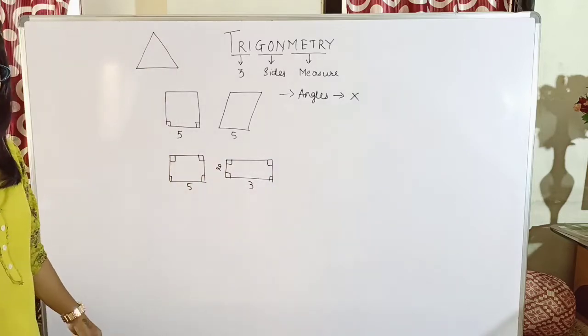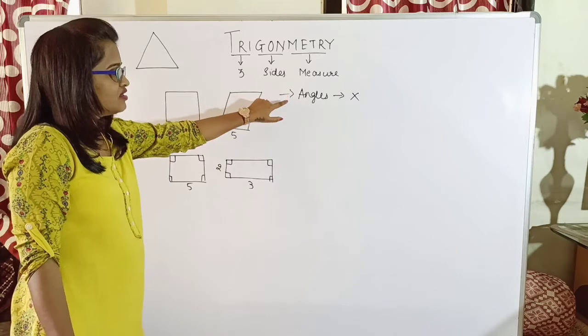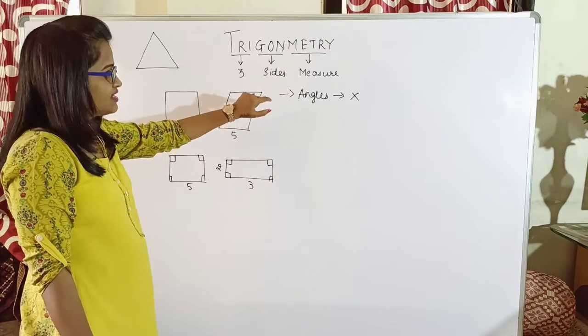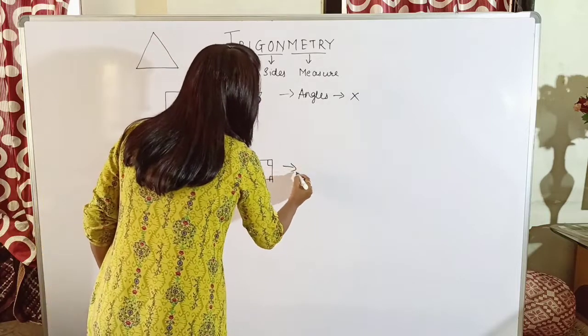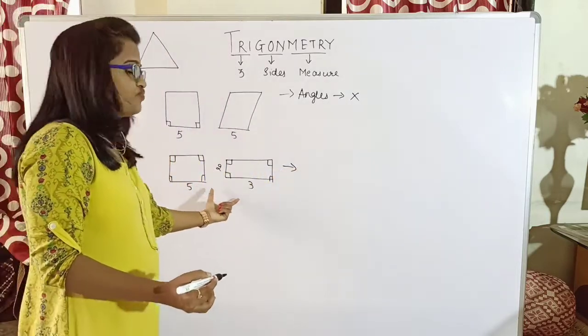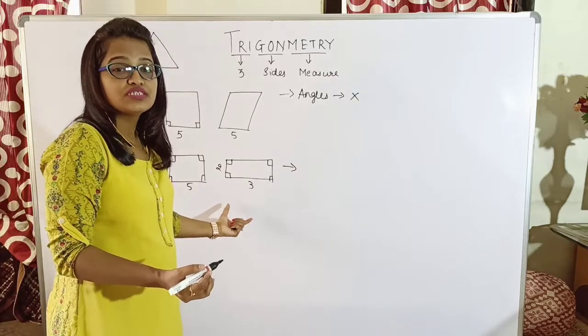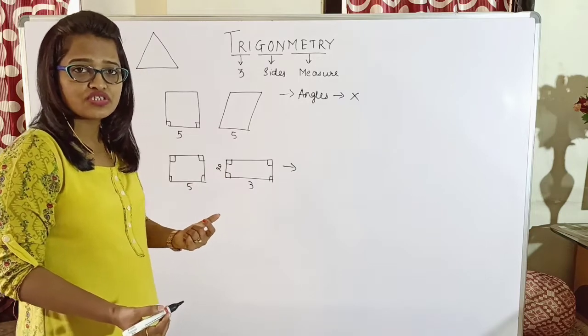Again the figures are not similar. In the first example the angles were different, hence the figures were not similar. Here, even though the angles are the same, why are the figures not similar?